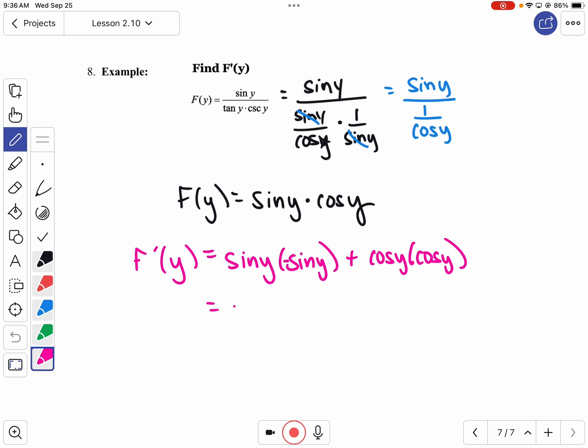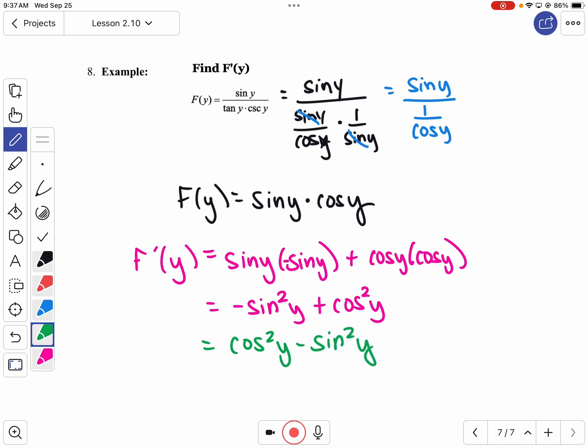So that gives me negative sine squared plus cosine squared, or cosine squared minus sine squared. That is an identity. Does anybody remember it? It's a double angle. It's okay if you don't. I'd leave it right there too. Yeah, it's a double angle, but I would leave it right there. Cosine squared minus sine squared.